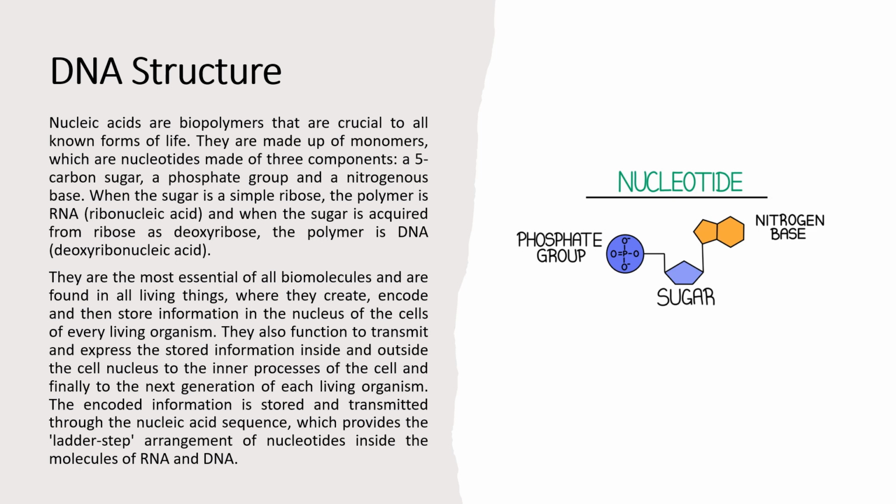When the sugar is a simple ribose, the polymer is RNA, which stands for ribonucleic acid, and when the sugar is derived from ribose as deoxyribose, the polymer is DNA, deoxyribonucleic acid.